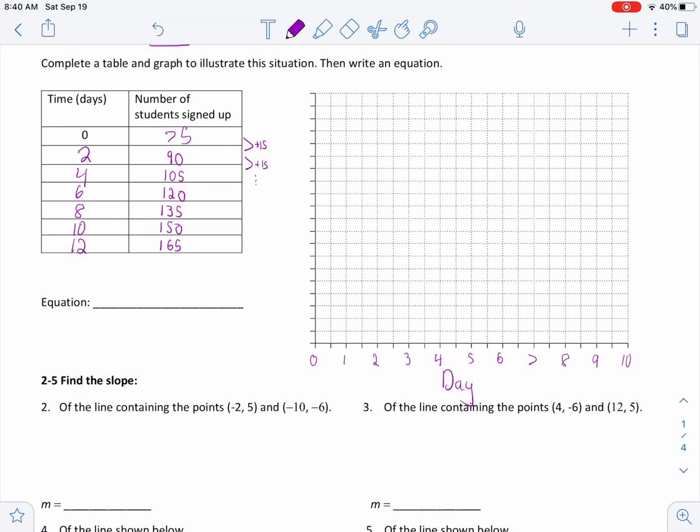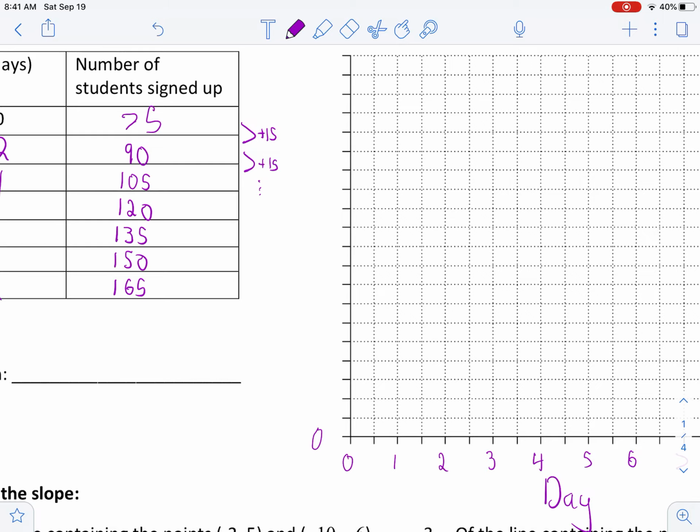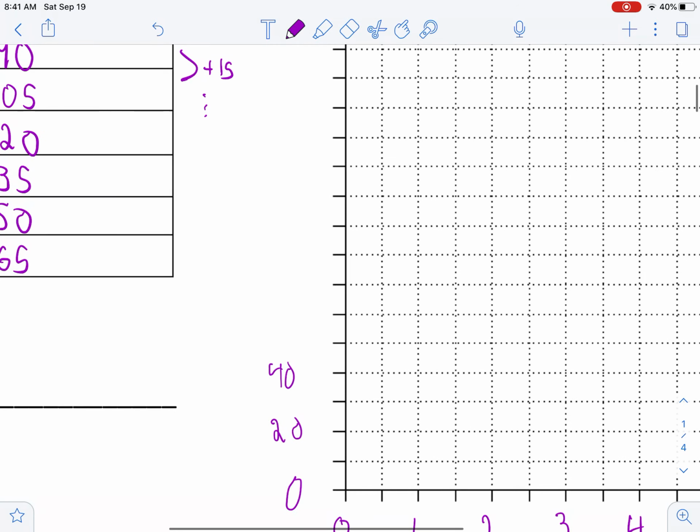Number of students that sign up. Looks like I start at 75, but I'm going to start at 0. And I got to make it all the way to 165. So I'm going to use tens as my scale, but I'm only going to write every 20 just to save room. So there's 60, there's 80.